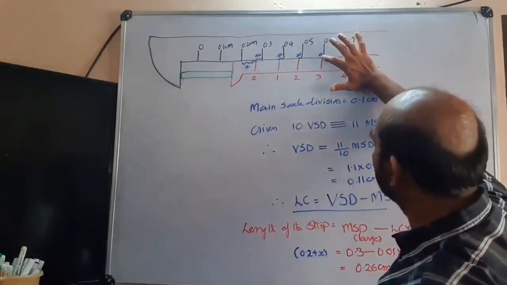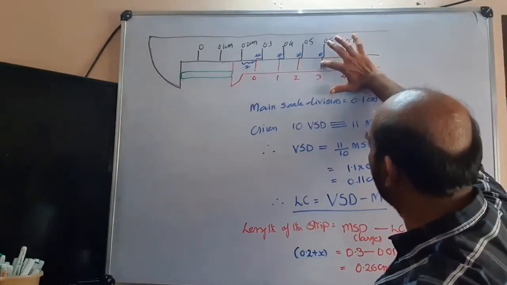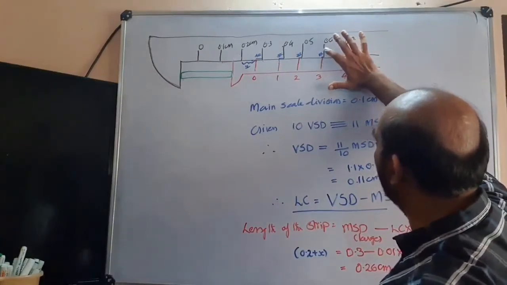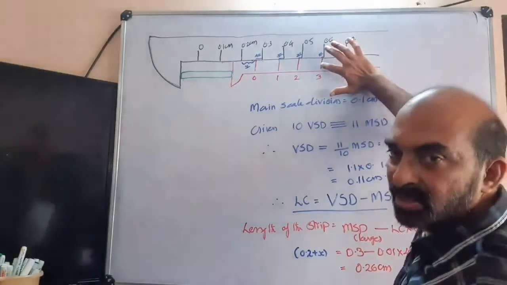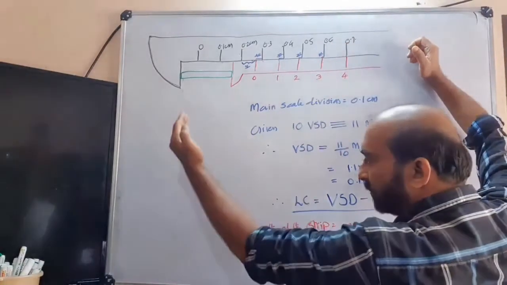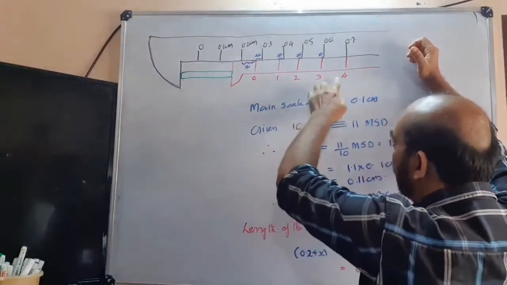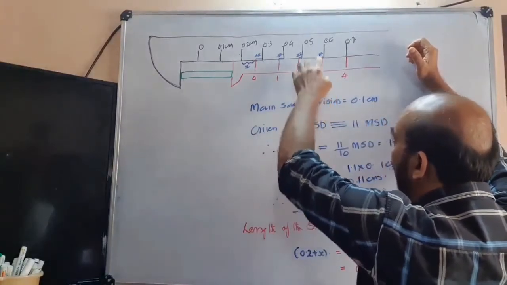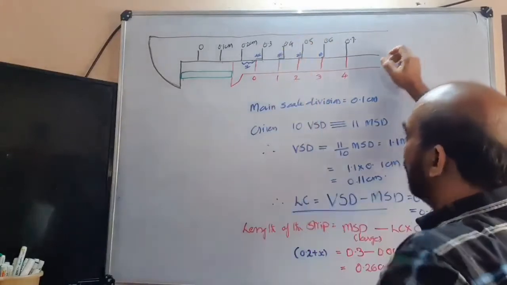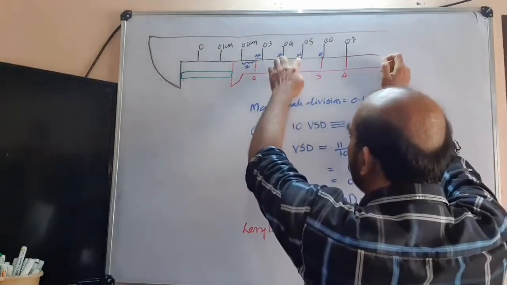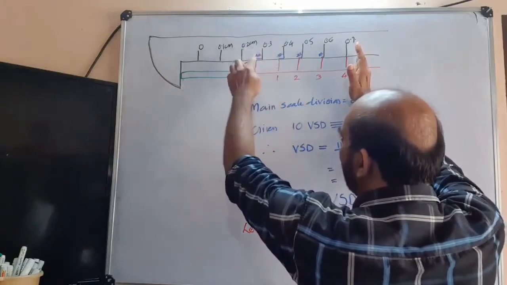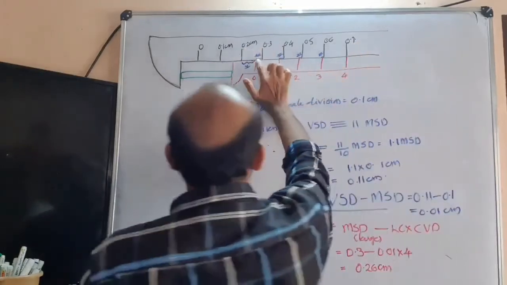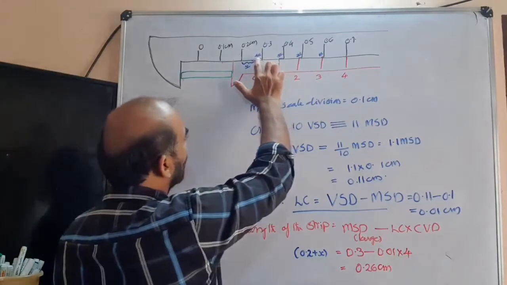Here there is one least count difference between this vernier division and the main scale division. Vernier division is slightly more than the main scale division, so it stands more towards the left. The difference is 1 least count. When we consider 2 vernier divisions, it is 2 least counts. When we consider 3 vernier divisions, the total difference is 3, and here it is 4. So this distance is 4 vernier divisions.